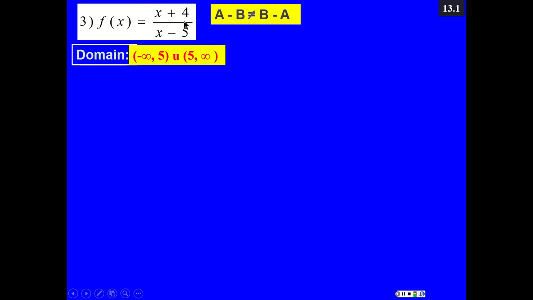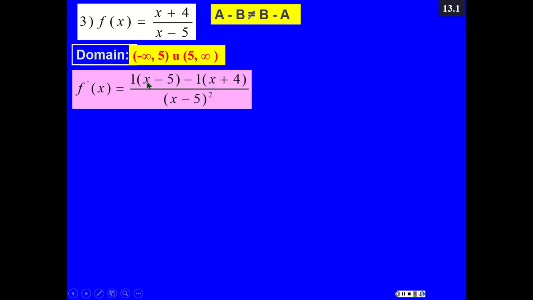That means the derivative of the numerator is 1 times the denominator, minus the derivative of the denominator, the derivative of x is 1, the derivative of minus 5 is 0, then the derivative of the denominator is 1 times the numerator, over the denominator to the exponent 2.